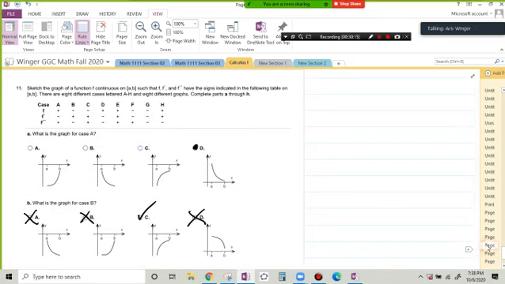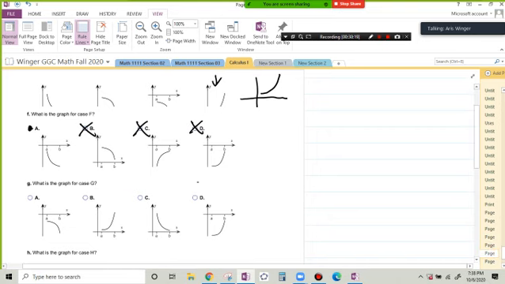Almost there. G, minus, minus, minus. Negative the whole time, decreasing, concave down.